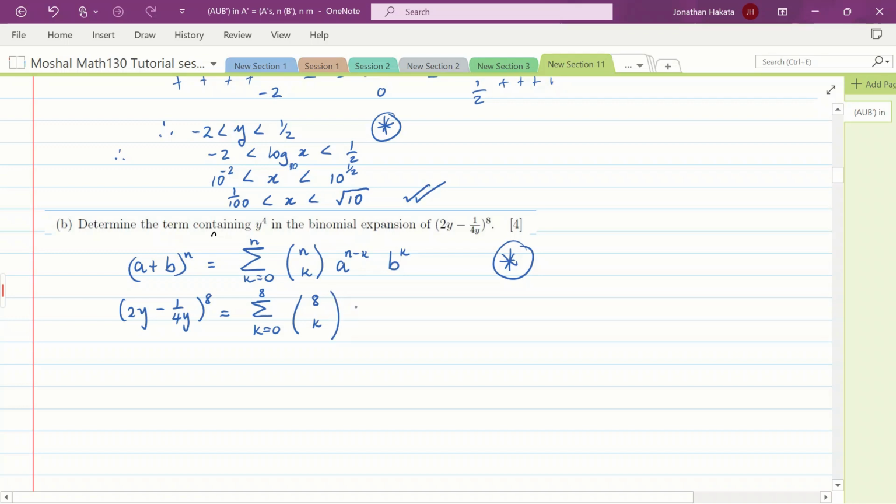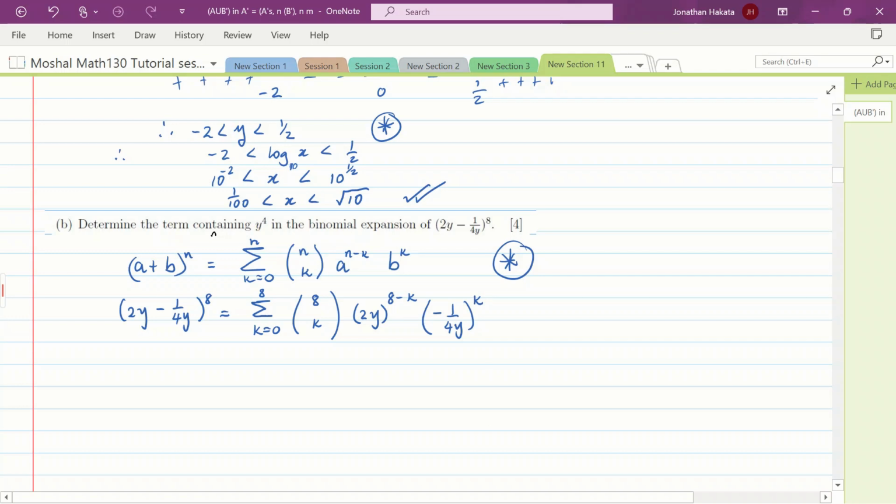The first term is 2y, the entire first term, to the power of 8 minus k. Then the entire b is minus 1 over 4y, all raised to the power of k.